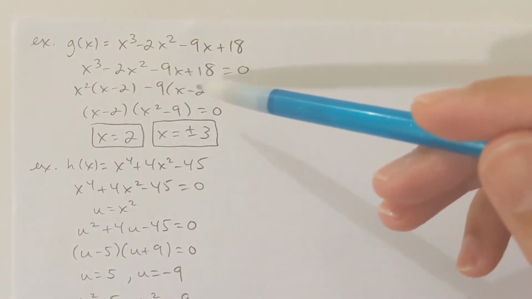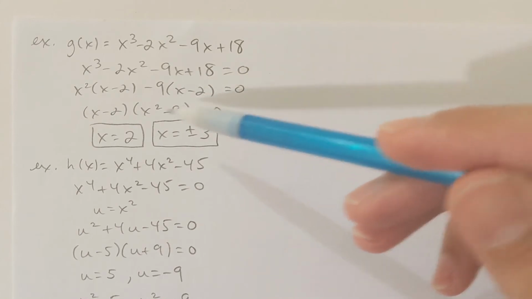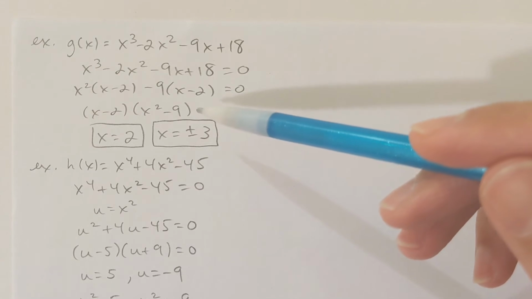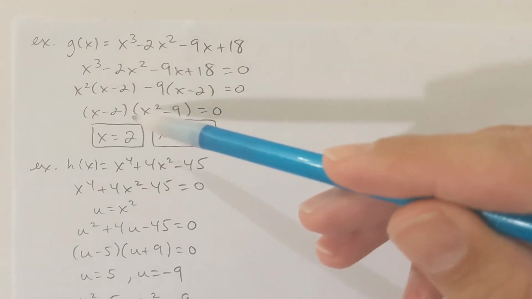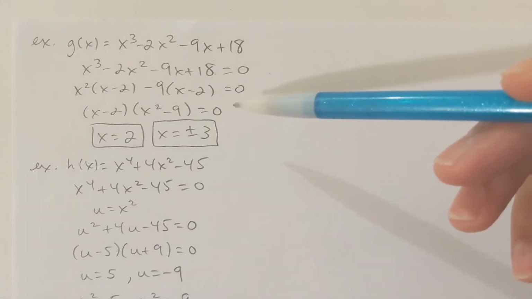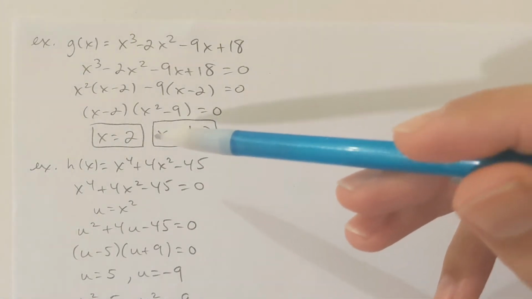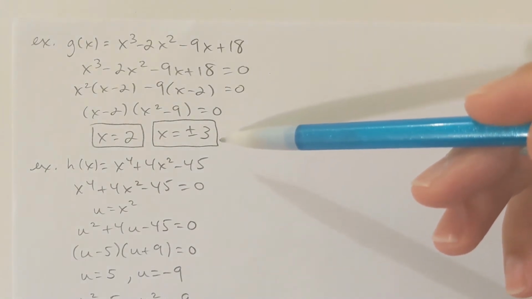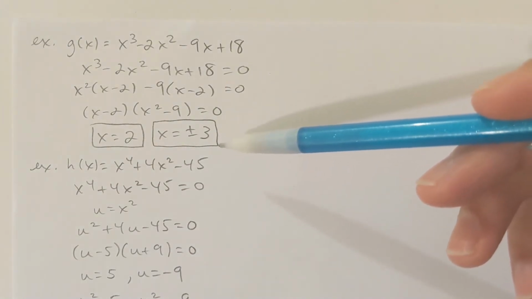A minus 9 can come out of the last 2 terms. x minus 2 is in common to the 2 terms there. So x minus 2 can come out in front. That would leave me with x squared minus 9 equal to 0. x equals 2 and x squared equals 9 means that x is equal to plus or minus 3.